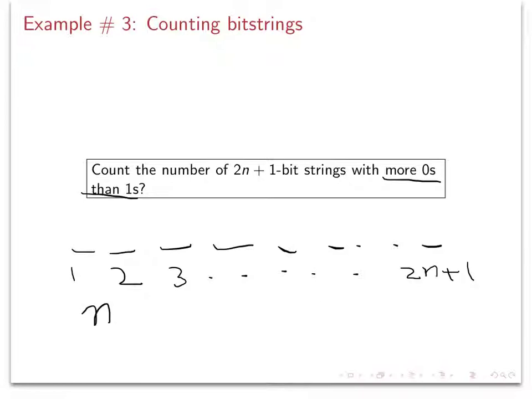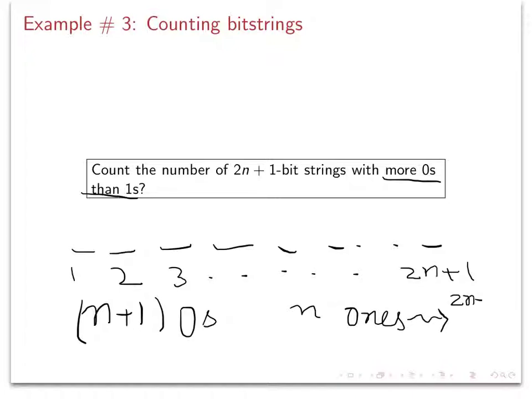You can have n plus 1 zeros and n ones, and this case can be done in (2n plus 1) choose (n plus 1) ways. Why is that? Because you have 2n plus 1 bit positions, of which n plus 1 can be zeros.